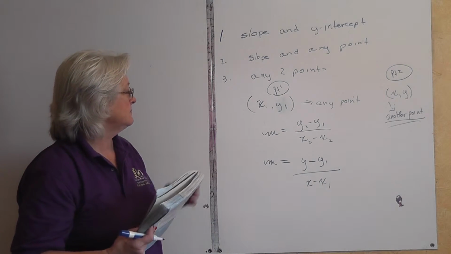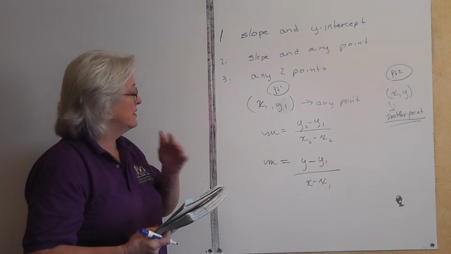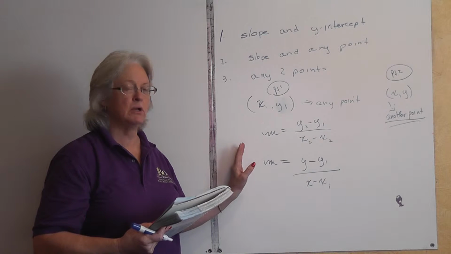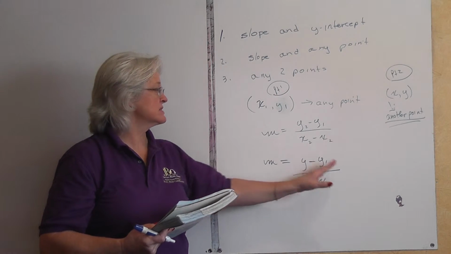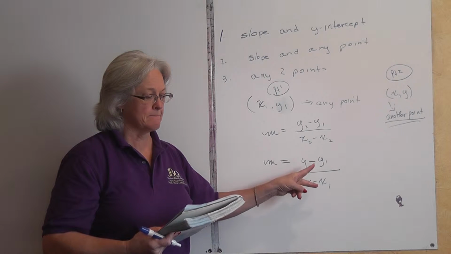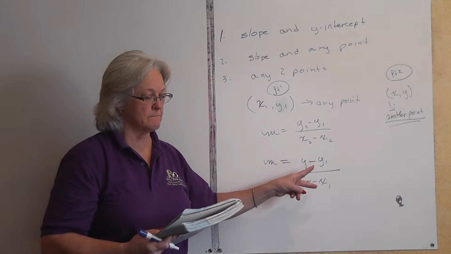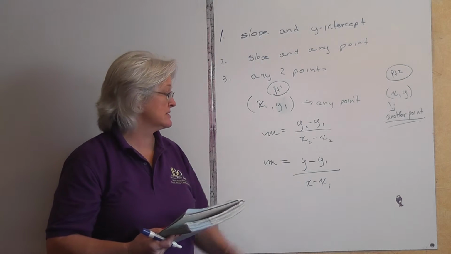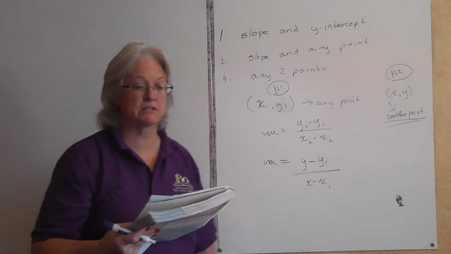Now, what do we want to do? Well, we don't want to have any fractions here, so we're going to multiply both sides of this equation in just a moment. They're skipping a step, and I really don't want them to skip this step just yet.